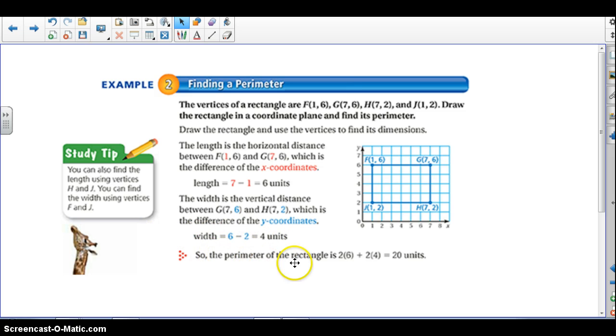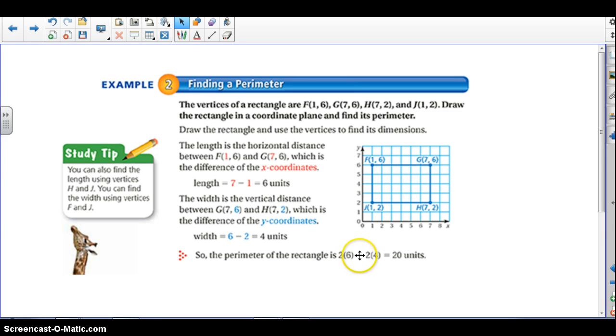The perimeter then, using the distributive property, you have 2 times 6 because you have 2 horizontals, and then you have 2 verticals, so you have 2 times 4.